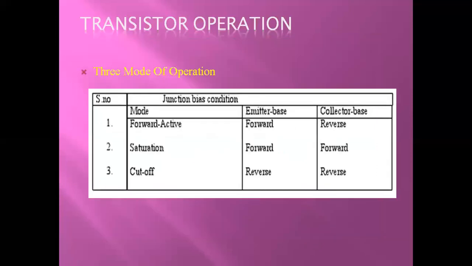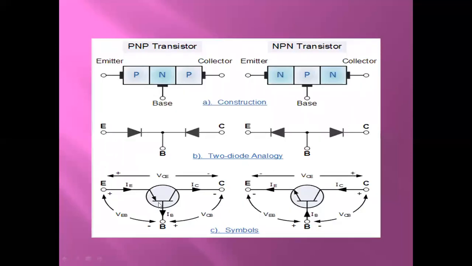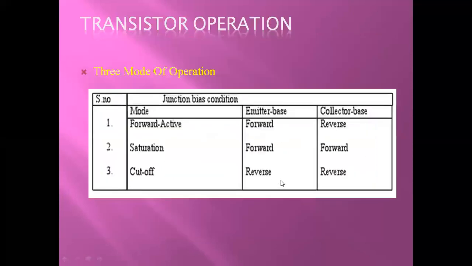So how many modes of operation exist in the case of this transistor? We have three different modes. First, the forward active mode. Second, the saturation mode, and third, the cutoff mode. In the forward active mode, as per the junction bias condition, the emitter base will be in forward bias, and collector base will be in reverse bias.